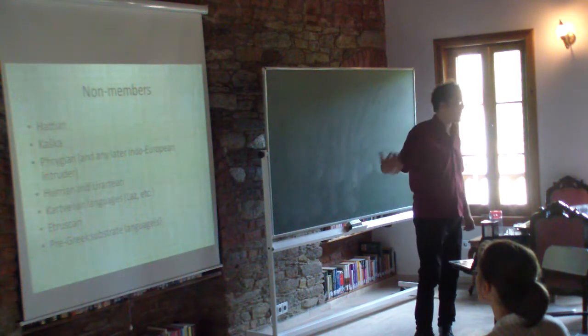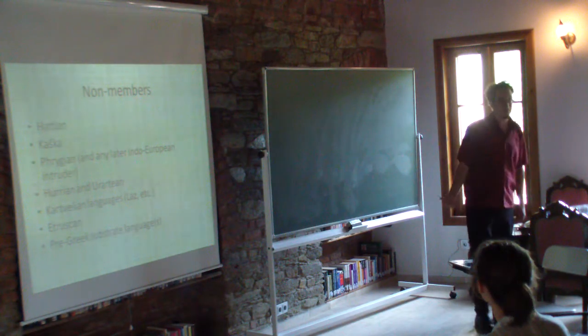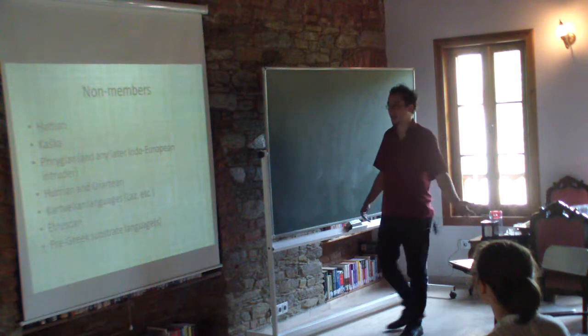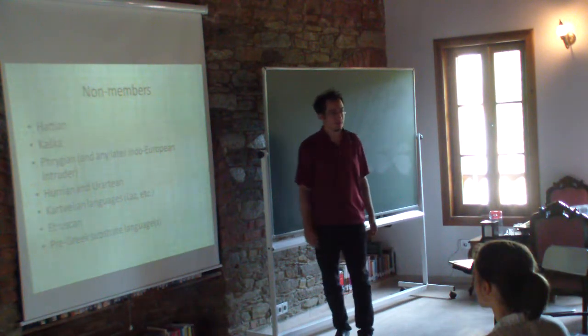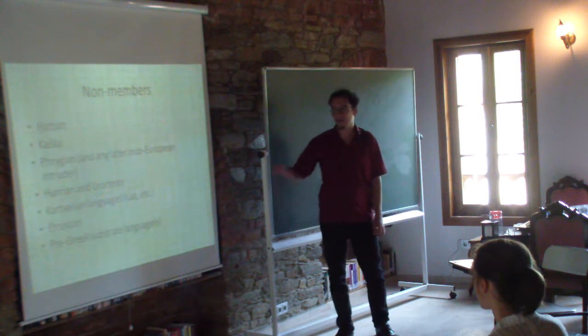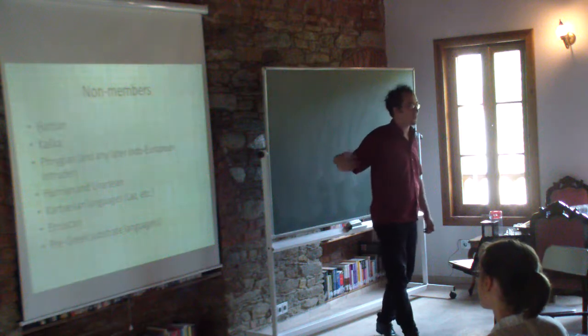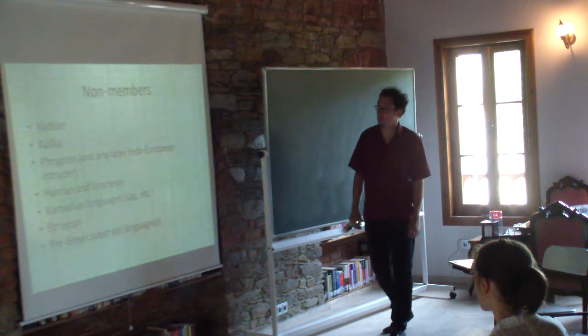Phrygian. I already mentioned Phrygian. That's a separate member of the Indo-European languages, and they came later, after the collapse, or rather the disintegration, of the Hittite Empire. And of course, we have a lot of other Indo-European languages here, Armenian, Kurdish, but they always arrive later.